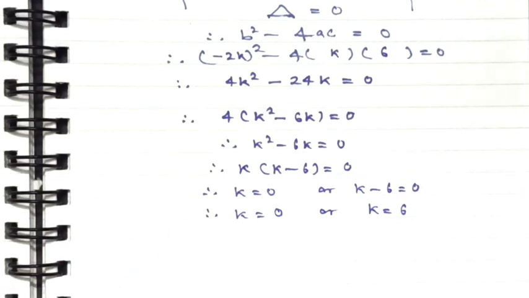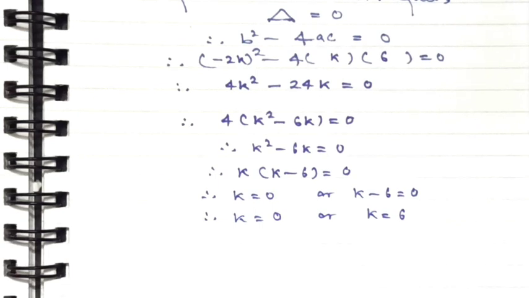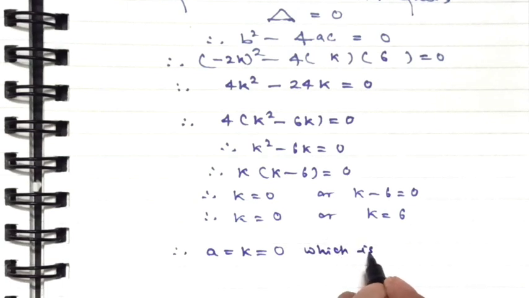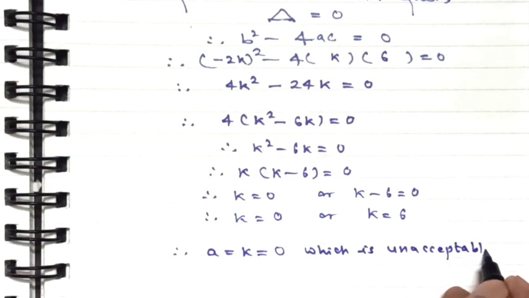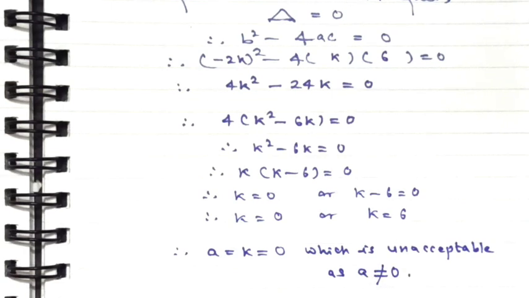Dear students, remember, when you get k as 0, be careful and try to check whether this 0 is the suitable value. Is it acceptable or not? So here k is equal to 0. So write, therefore a is equal to k is equal to 0, which is unacceptable, as a cannot be equal to 0.